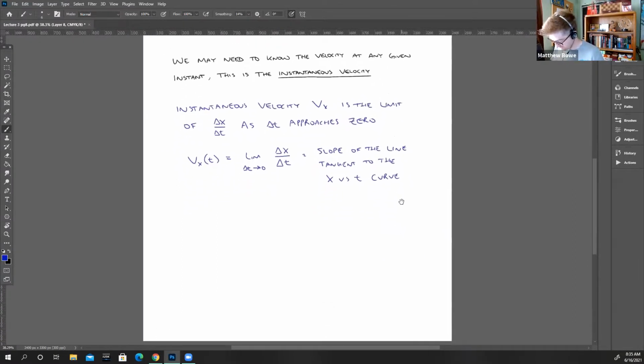Well, I'll have another little picture example. Let me bring it up. So say we have this x versus t graph, and it shows this curve on this graph. So this is just saying what is something's position as time moves on.